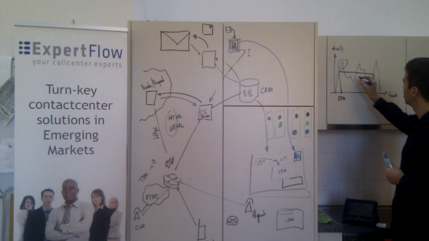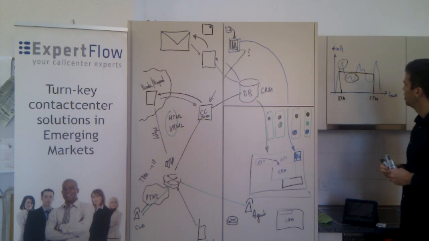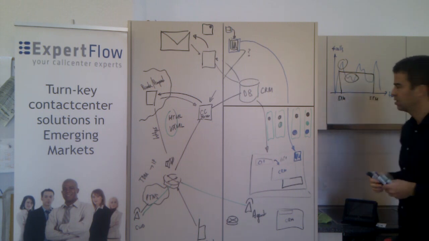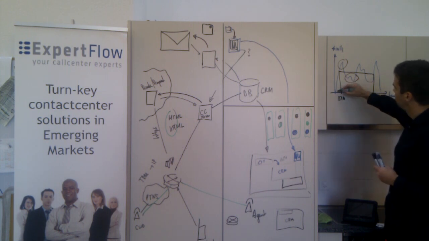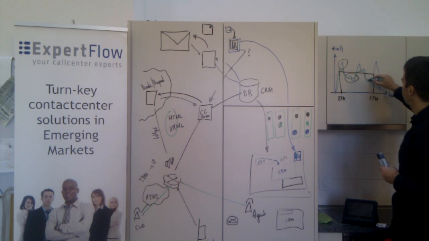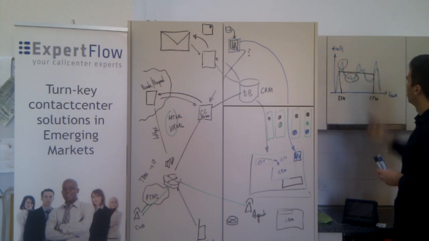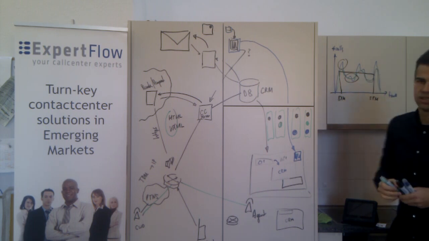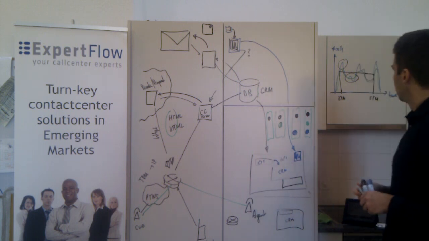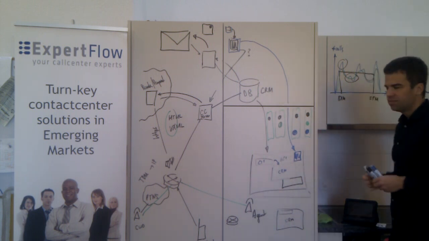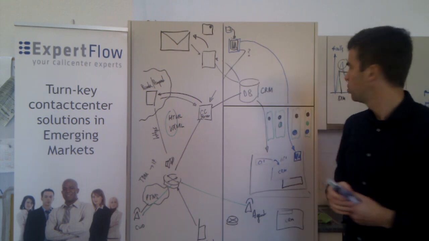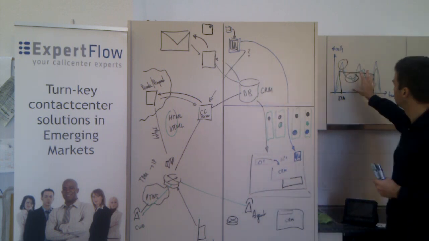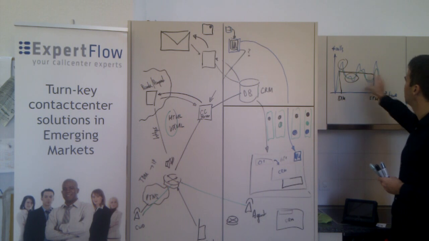Now, what is much better, obviously, is to plan the staffing of your contact center so that it roughly corresponds to the forecasted call volume. This is something that you can do manually, but it requires a lot of work, and in contact centers of more than 20 or 30 agents, it's more cost-effective to have a dedicated tool doing this automatic staffing, and these tools are called workforce management tools.